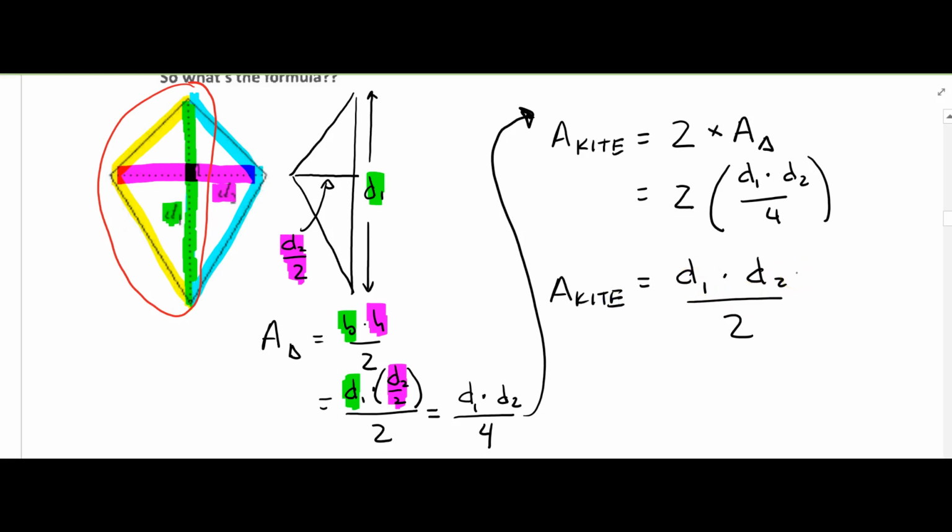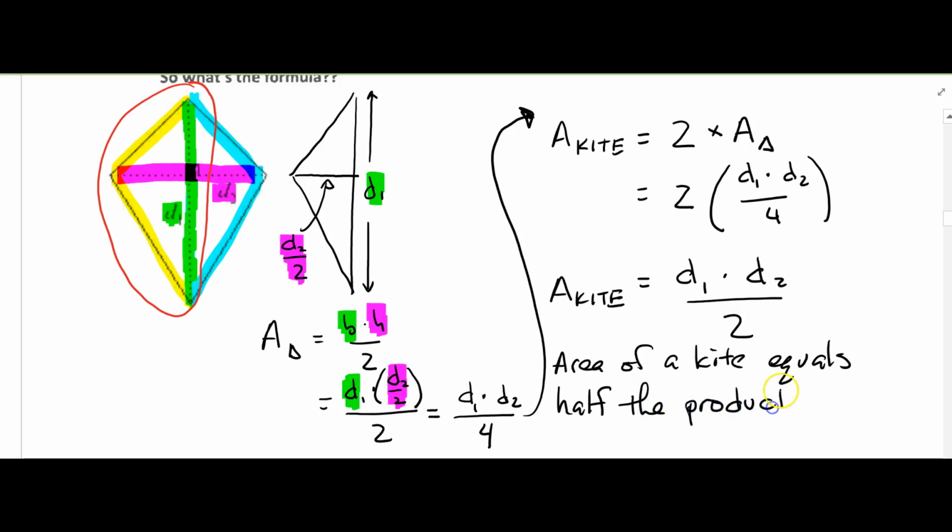So let's write this out in words. The area of a kite equals half, that's the divide by 2, the product, remember product means to multiply, of the diagonals.